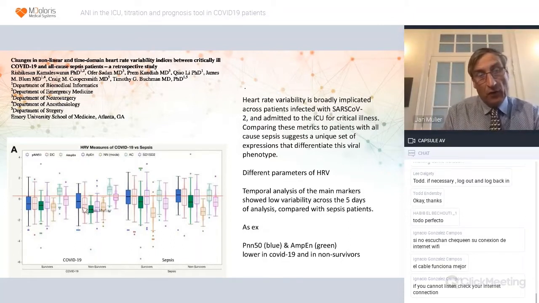And as you can see also, the patients having a sepsis, but a sepsis not from COVID-19, have higher values here. So the heart rate variability parameters are a way to measure the inflammatory reactions and are a way to measure the severity and the probability of a worse outcome of your COVID-19 pneumonia.